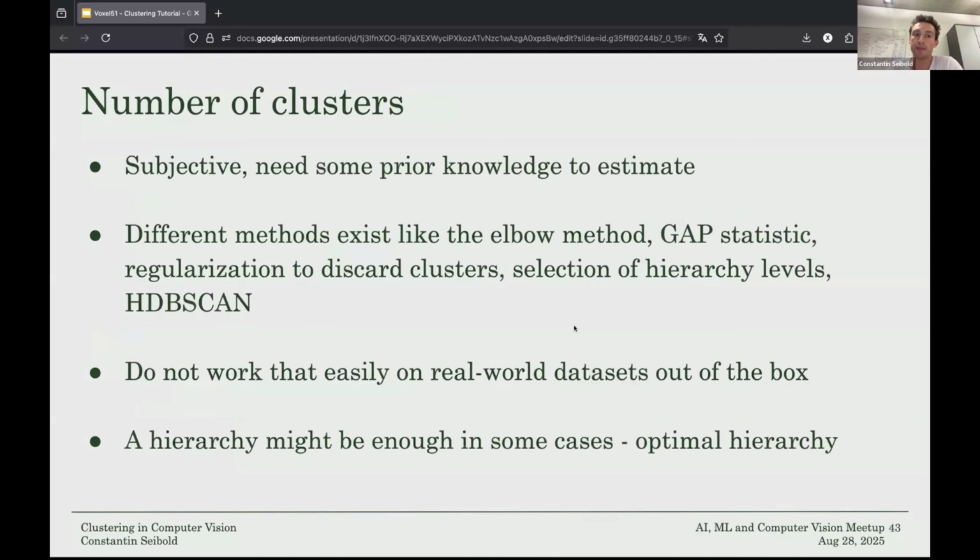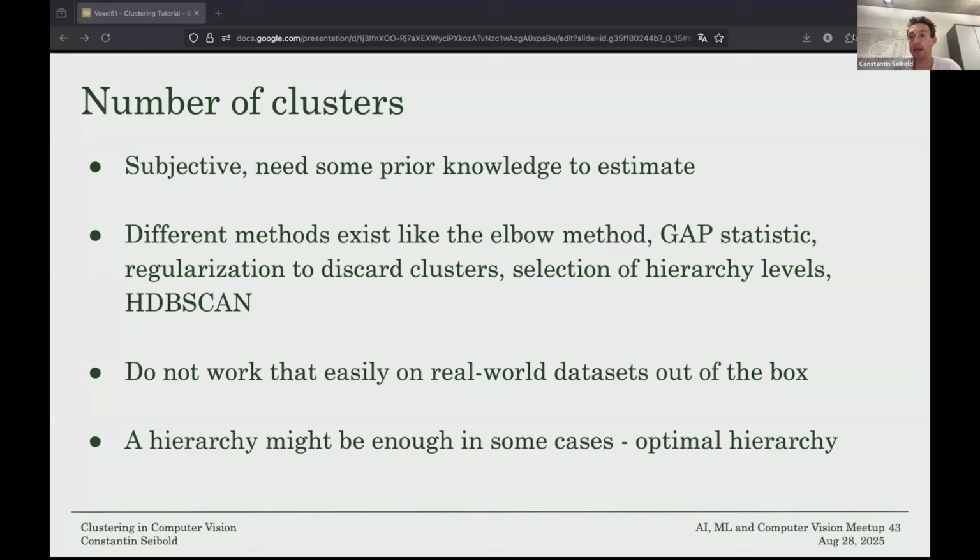The next point is also estimating the number of clusters. This is also subjective and depends a lot on the data. While there exist methods like the elbow method or gap statistic, or, like in the Dirichlet process, methods to discard certain clusters, it is generally an open problem and relies a lot on playing around, finding the right hyperparameters, and eye tests, because they might not work out of the box.